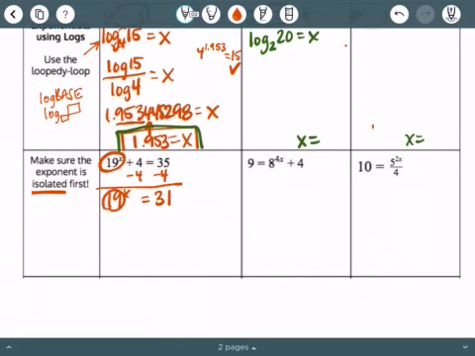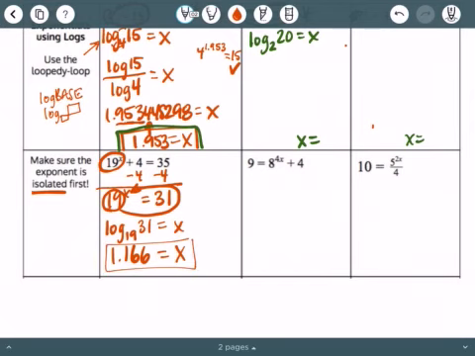So I'll go ahead and take the 19, whip it around. So I've got log base 19 of 31 equals x. Go to my calculator. Log 31 divided by log 19, I'm going to get 1.166 equals x. And I know that that is my solution.